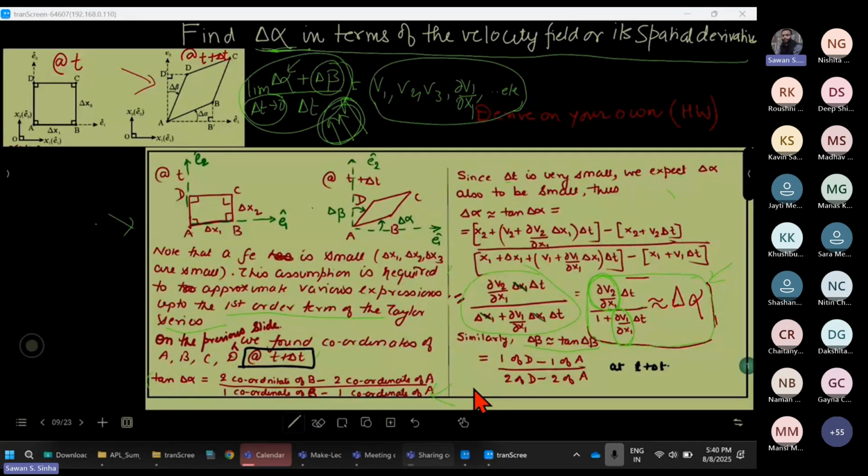Here, delta beta is tangent of delta beta, and then I am writing this tangent of delta beta as one coordinate of D minus one coordinate of A divided by 2 of D minus 2 of A. Similar thing what I did here, I am doing that now for delta beta. Okay.